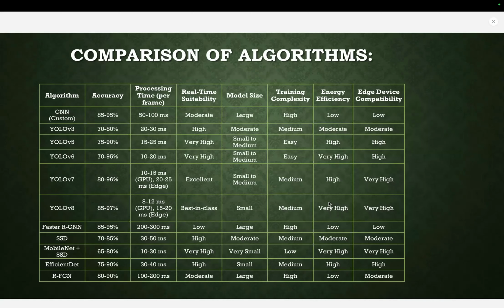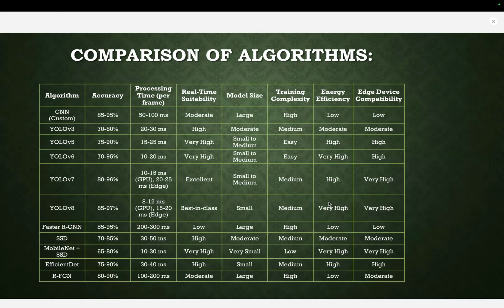Regarding that, there were different algorithms that we had to choose from, to see which would be better for our model. We have chosen YOLO V7 because its accuracy is very high. For real-time processing, it's very fast, and its model size is small to medium.